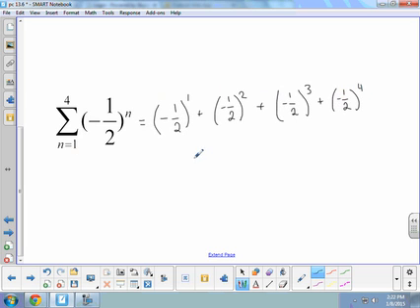I don't want to leave it like that. I can simplify this a little. I'm going to get negative 1/2 plus 1/4 minus 1/8 plus 1/16. And then if I wanted to, I could go ahead and add those 4 up.